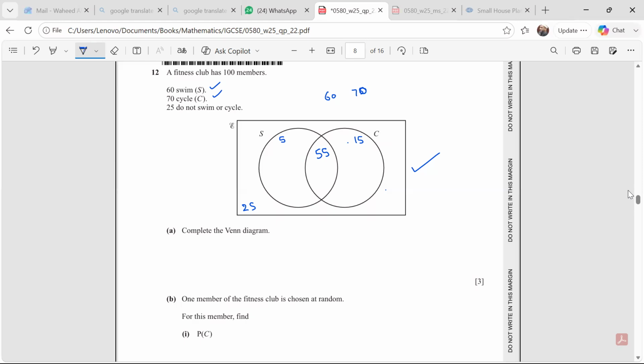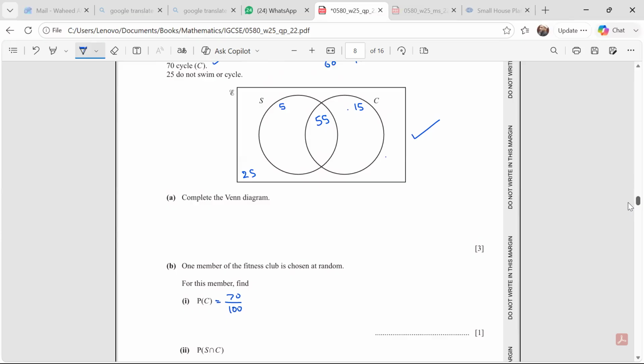Total number is 100 and 70 are in cycling. So the probability of cycling is 70 over 100. Make sense? Next is, what's the probability of the people who were in the intersection group, meaning cycling and swimming. So this is 55, right? So it will be 55 over 100.